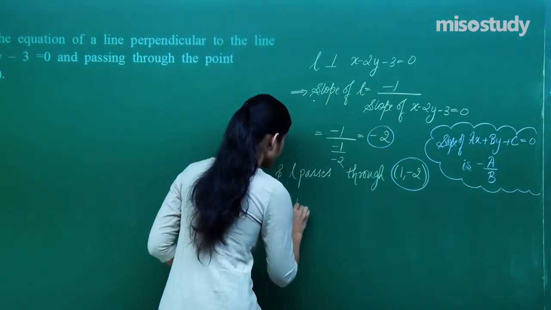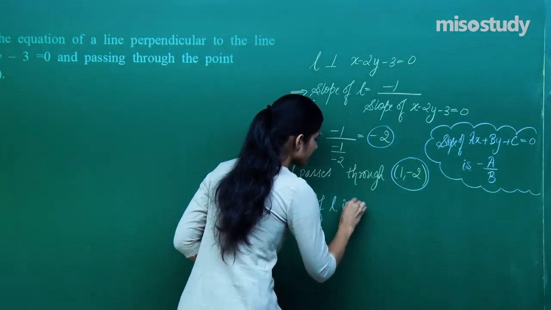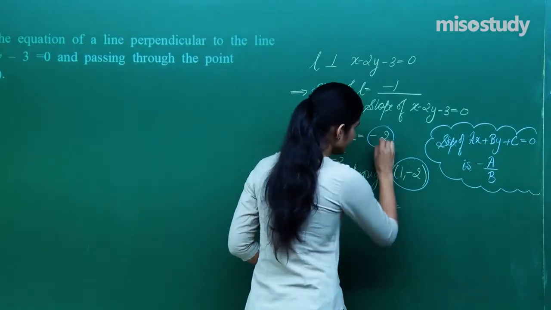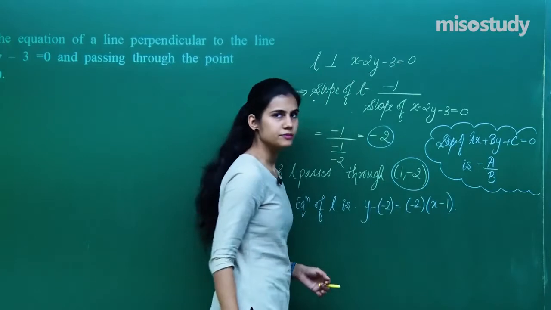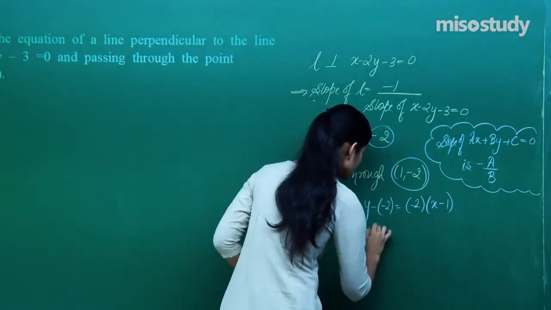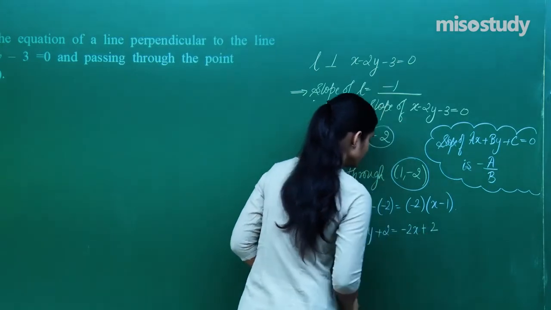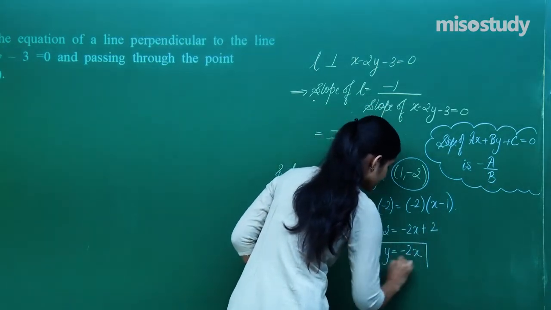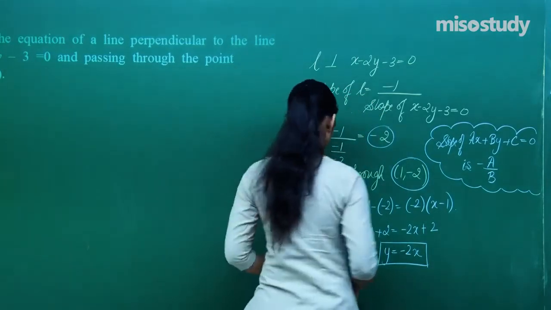So therefore, the equation of L is y minus y1 equals m into x minus x1. You can always resolve this. This is y plus 2 equals minus 2 into x plus 2. So this gives you y equals minus 2x, or y plus 2x equals 0.